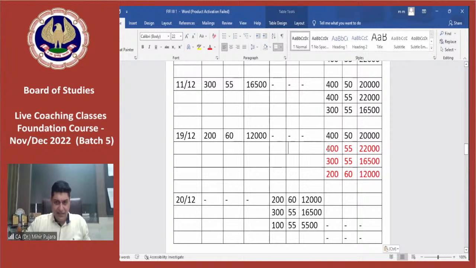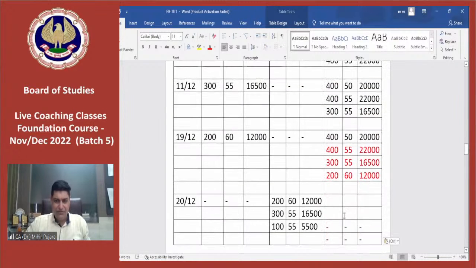From this, sir, we have issued 100. From this 400, we have issued 100. So the second lot, I have 300 remaining now. And the first will be as it is.